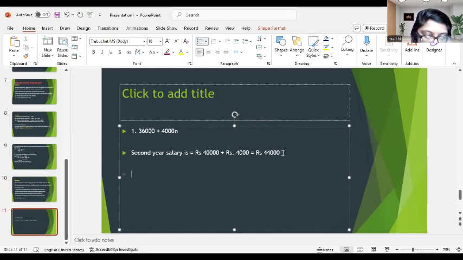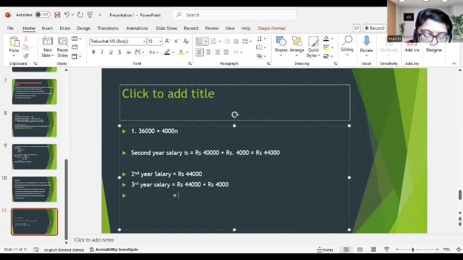You can find his second year salary equal to, as we found, 44,000, and the third year salary equal to, how can we find that? You can add 44,000 and 4,000 rupees, right? Then you can get an answer.